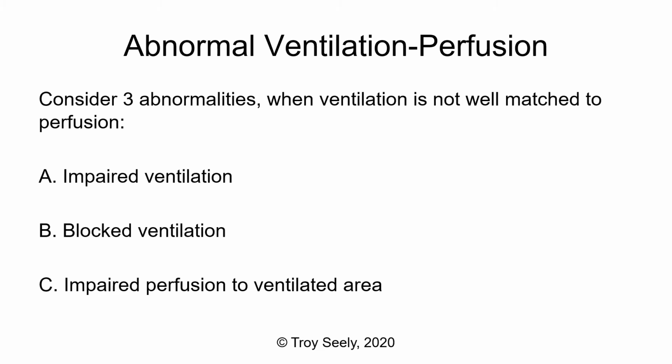We're looking at 3 abnormalities on the next slide, where ventilation is not well matched to perfusion: an impaired ventilation, a blocked ventilation, and an impaired perfusion to a ventilated area. We're doing this to first appreciate at the lung level itself how ventilation matches up with perfusion, or how the presence of oxygen in the lung is able to match up with blood supply that's designed to pick that up.